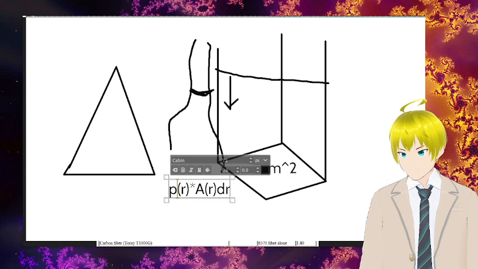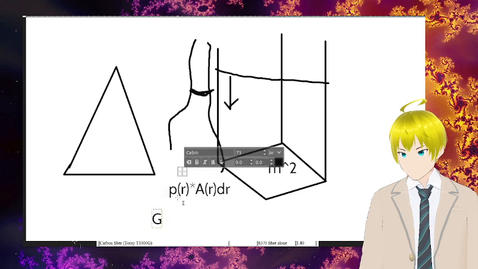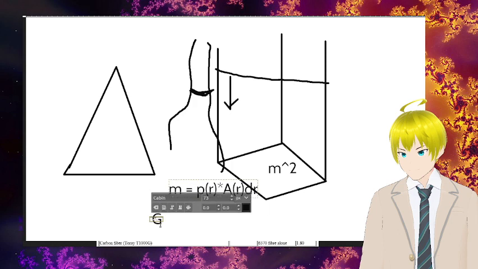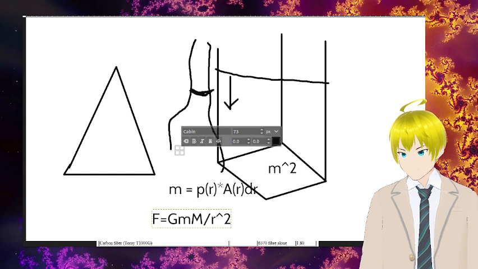And so the amount of force that exists on that mass will be G times this. No, remember, the force is going to be F equals G M over R squared. That's the formula.